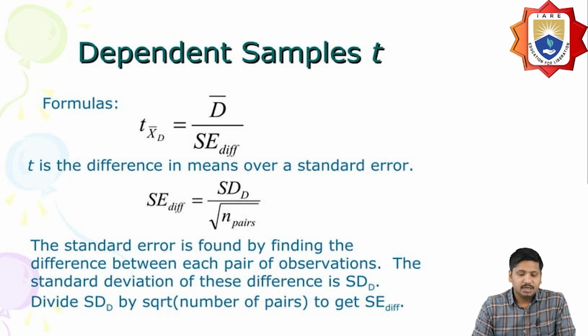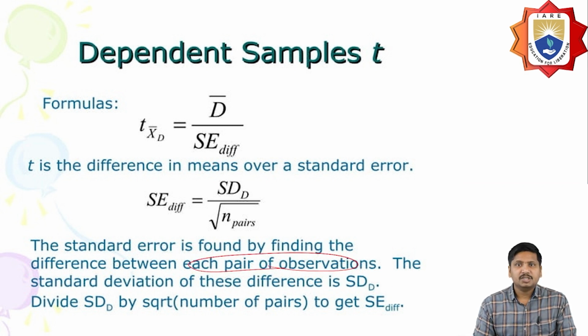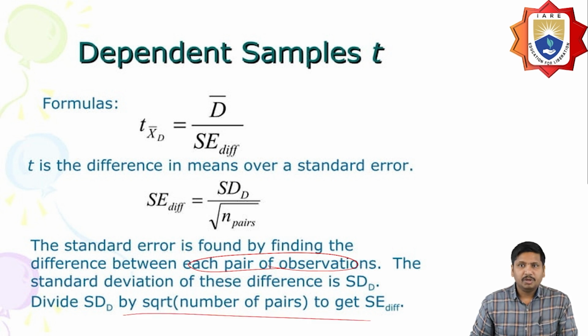The standard error of the difference is given by s d divided by the square root of n pairs, where s d is the standard deviation of the differences between the pairs of observations.